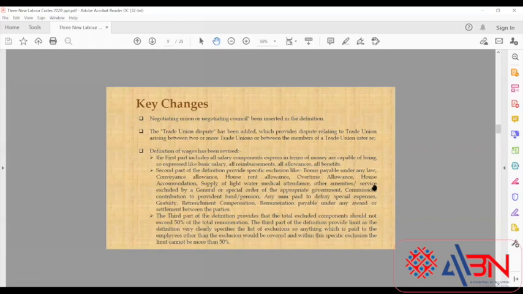So there's a concept of negotiating union that has been brought. If an industry has more than one trade union, then whichever union has more than 51% of members would be the negotiating union. So they will be discussing with the management regarding whatever negotiations they want to do or whatever issues they wanted to discuss.